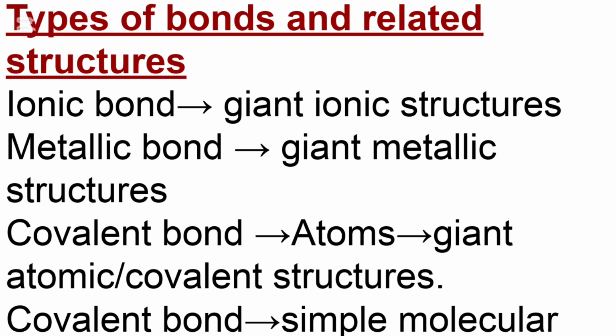We have the covalent bond, which forms two types of structures. If the covalent bond is between atoms, then we form giant atomic or covalent structures. Then if the covalent bond is between molecules, then we form simple molecular structures. Those are the main types of bonds that we have.